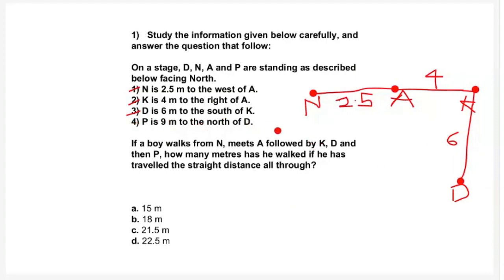P is 9 meters to the north of D. To the north, this is 6 meters, which has already been covered.